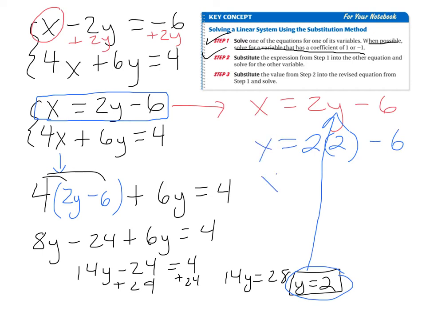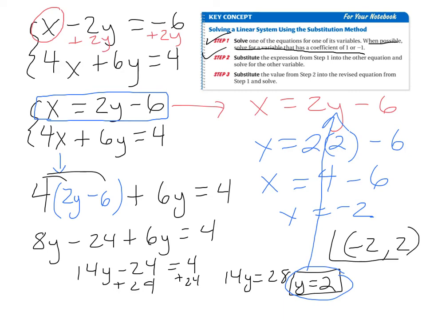And this will show you the value for x. 4 minus the 6, so x must be negative 2. y is 2, x is negative 2. There's your solution for the system of equations: (negative 2, 2). If you wanted to check it, you can take that and put it back into the original 2 equations and make sure it works for both.